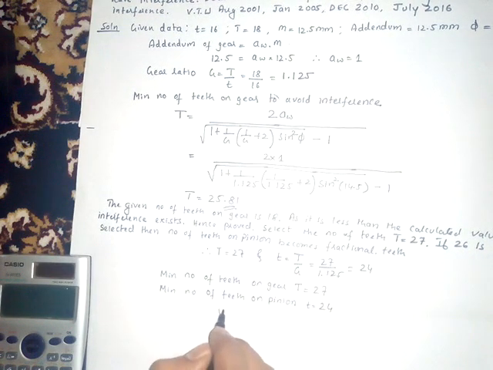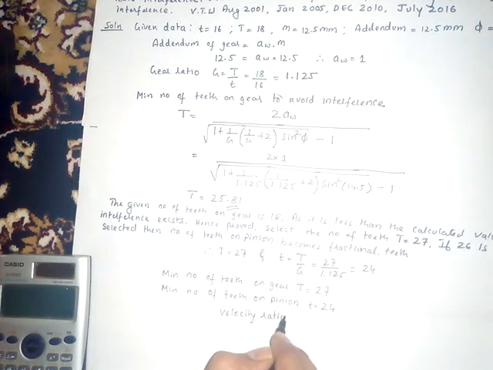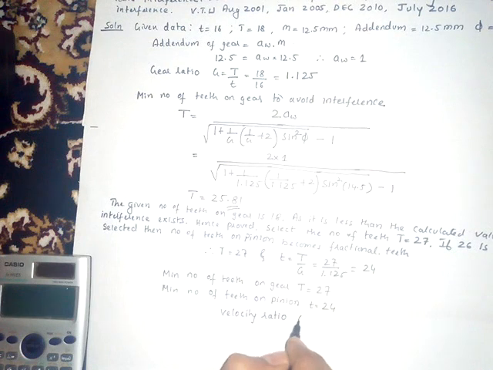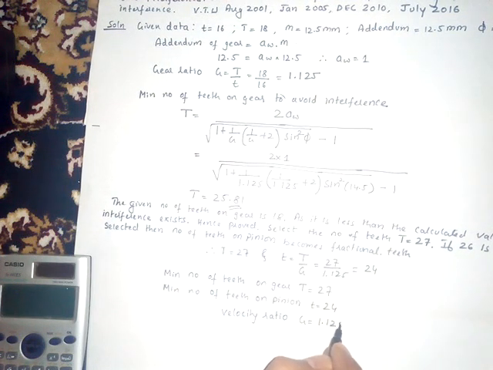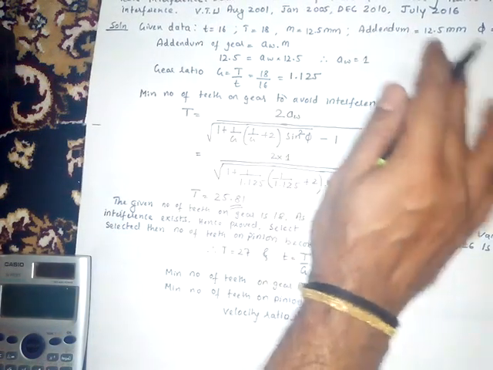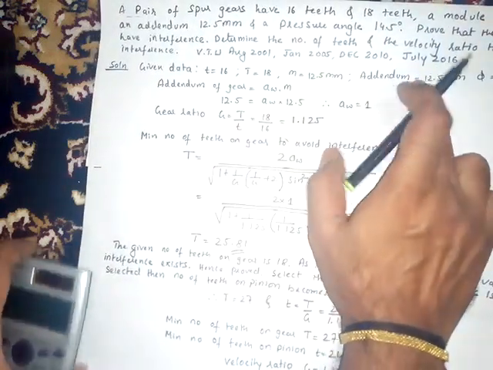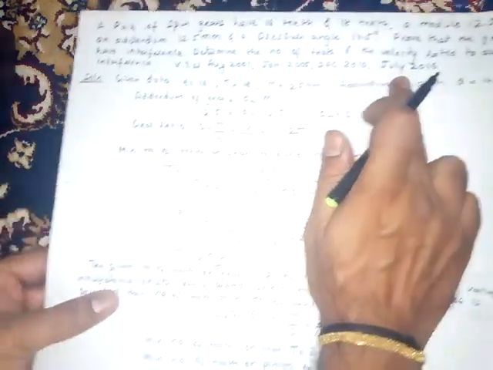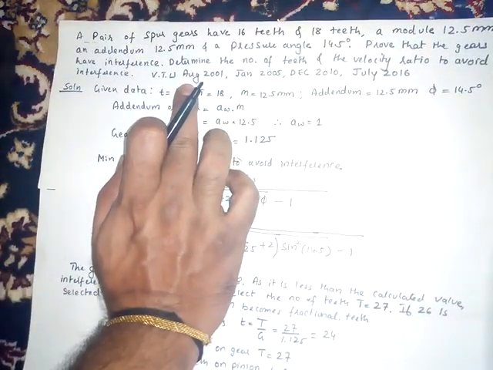Hence velocity ratio, which is nothing but G, is equal to 1.125. This is what was asked in the numerical, the velocity ratio to avoid interference, hence the solution is achieved.